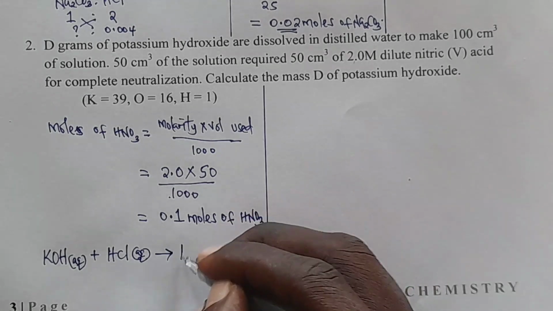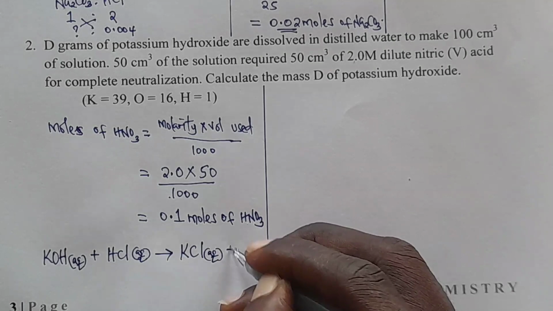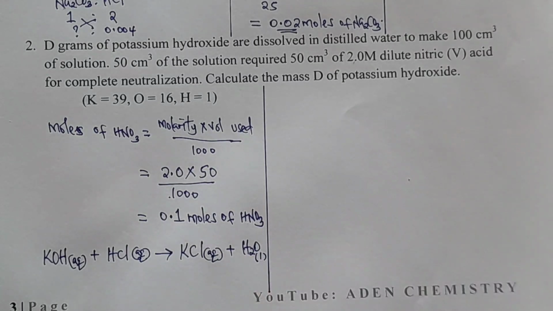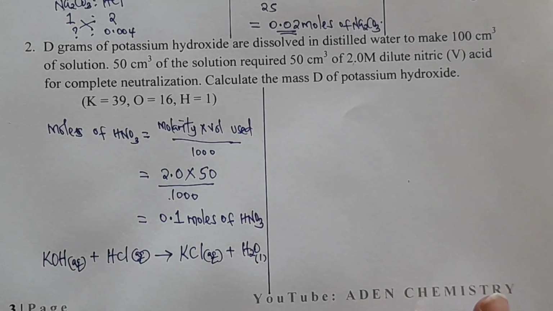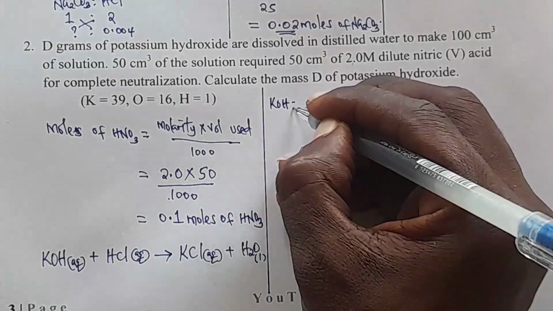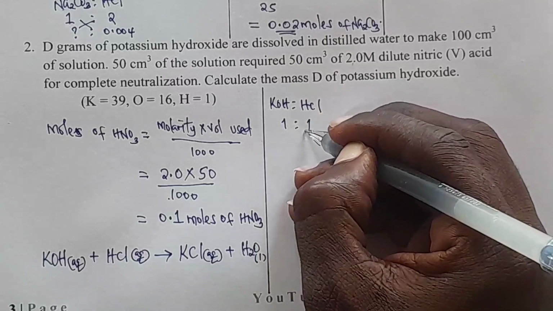There we are going to get potassium chloride aqueous plus water, which is liquid. So this reaction is self-balanced. We are going to see the mole ratio between potassium hydroxide and the acid. Potassium hydroxide to acid is 1:1.